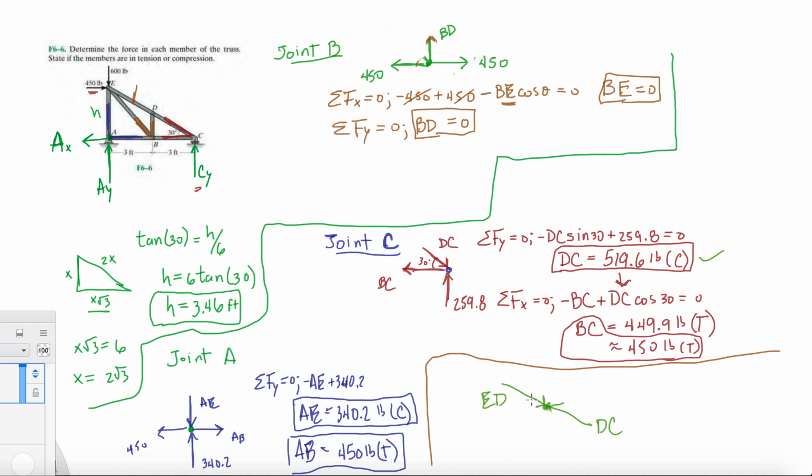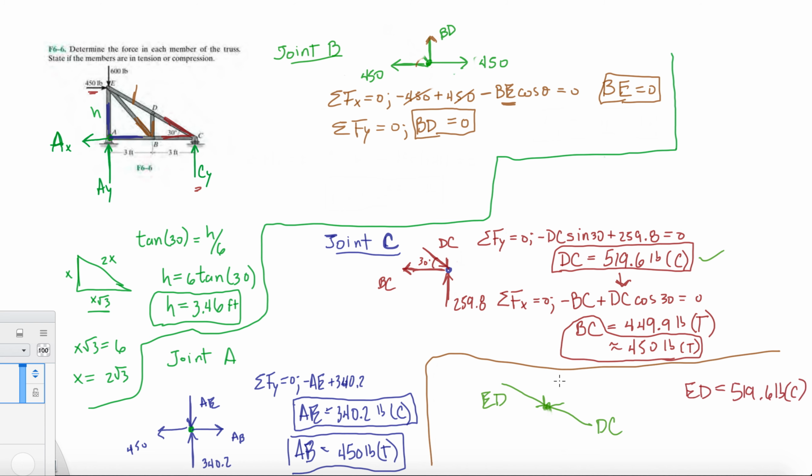So we have two forces opposing each other over here, and you can prove it, or you can say, okay, ED is equal to DC. So we know that ED is equal to 519.6 pounds in compression.